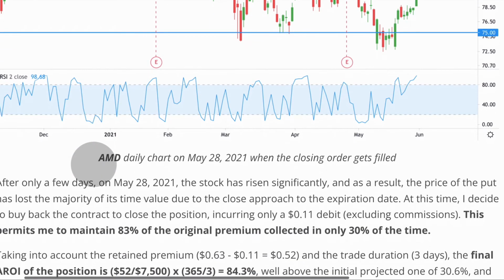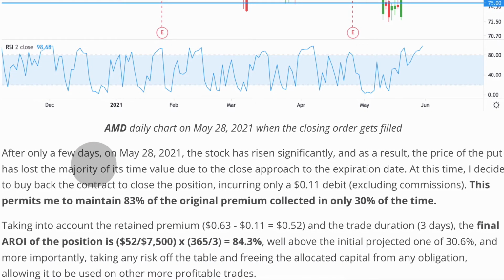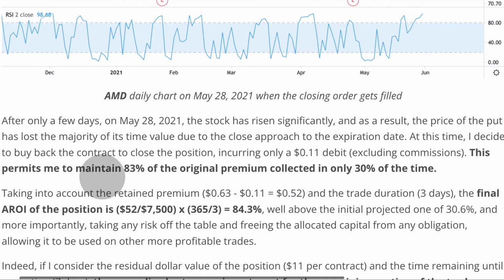So at this point, what I do is close the trade, so I buy back the contract for an 11 cents debit, and that allows me to keep 80% of the original premium in just 30% of the time.